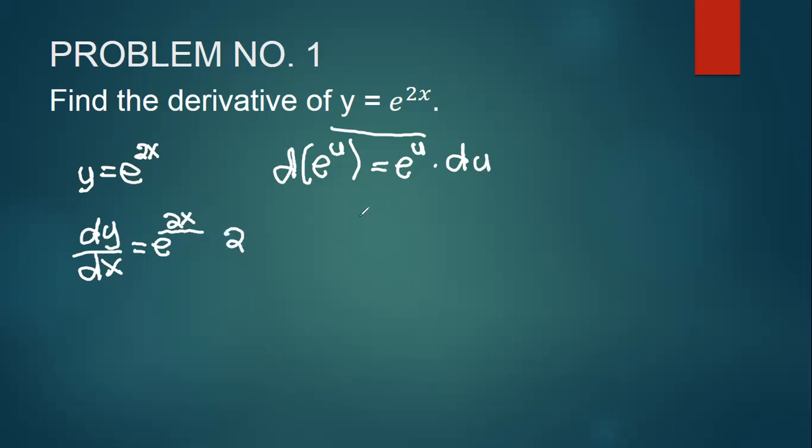That's the derivative of a constant and a variable, which is equal to the constant times the derivative of the variable.